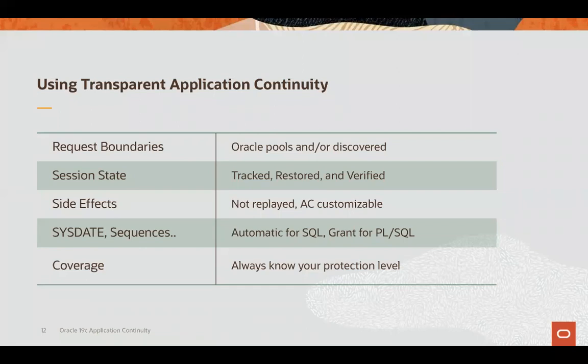If we want to customize the replay of the side effects, we can use application continuity, which is a manual configuration of application continuity, not like transparent application continuity, which we have from 18c and above.